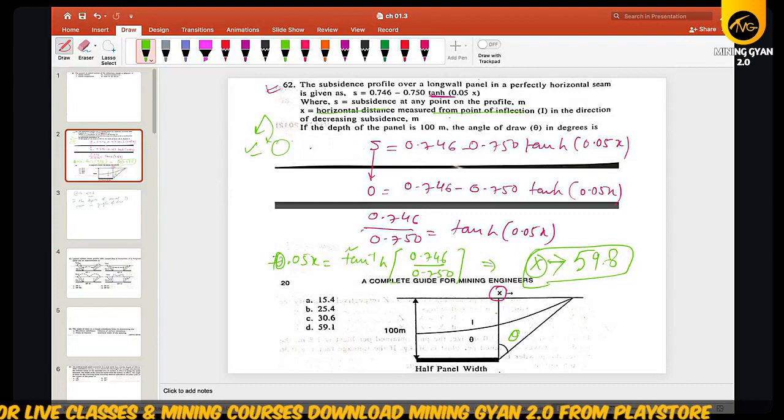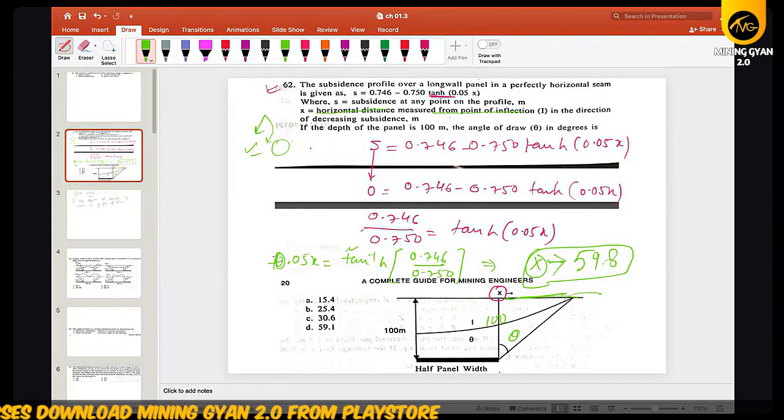So the depth they gave us is 100, and x we have calculated 59.8.